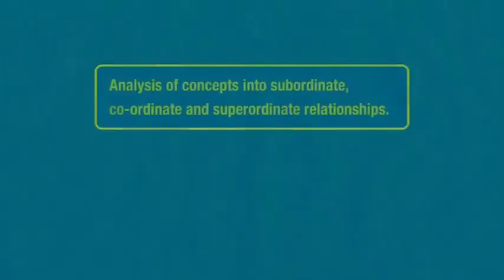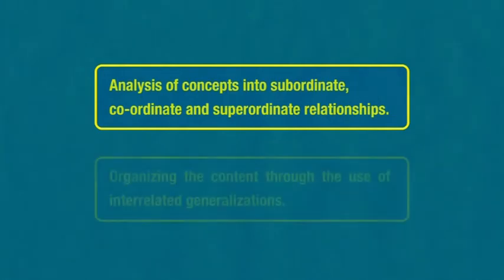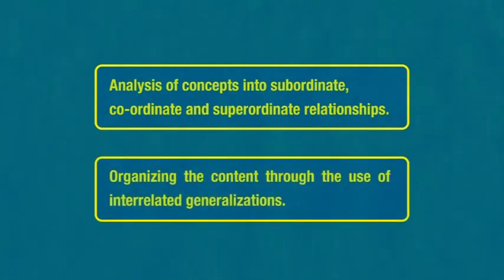Ausubel is of the view that each of the academic disciplines has a structure of concepts that are organized hierarchically. Several methods are used to form the structure of content, which are analysis of concepts into subordinate, coordinate, and superordinate relationships, and then organizing the content through the use of interrelated generalizations.